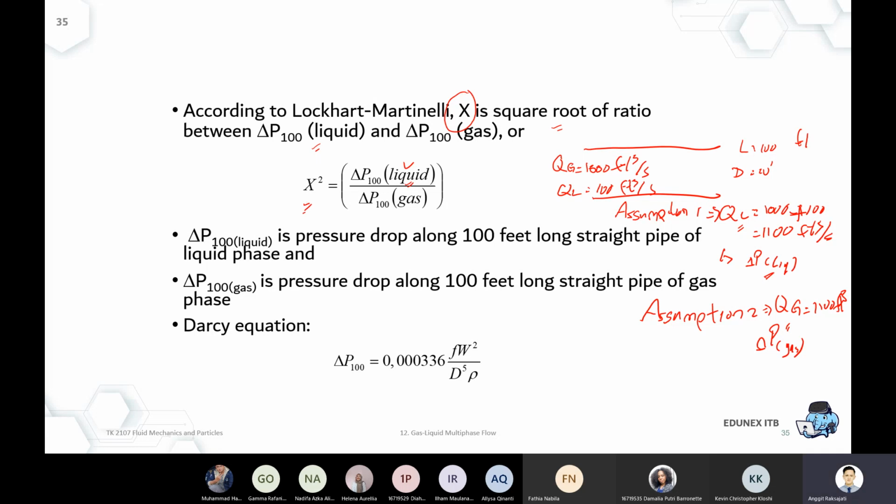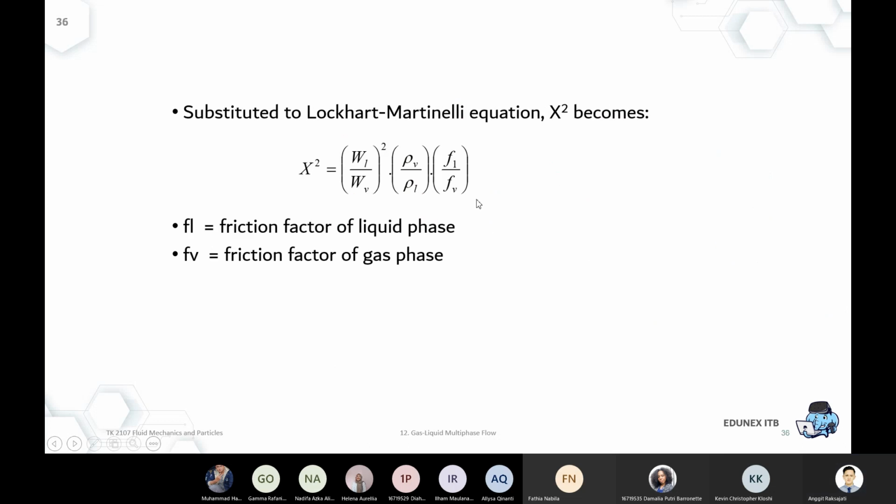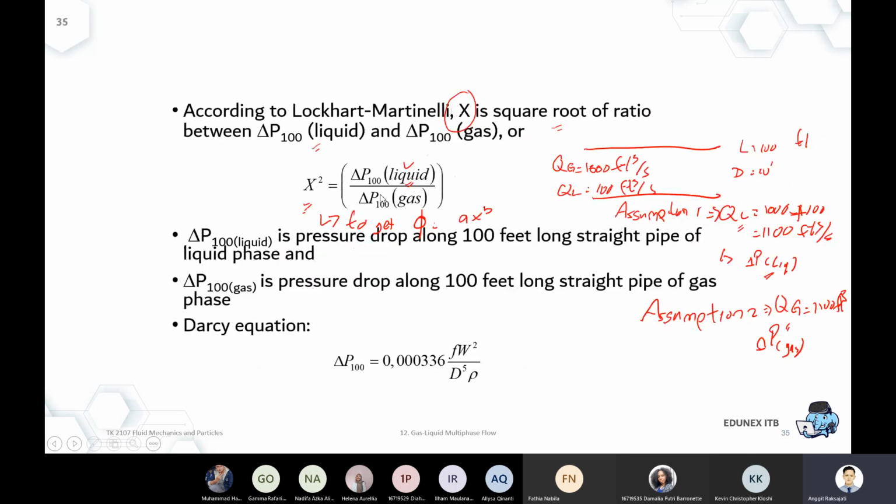And once we know the X squared, it will help us get the modulus of two-phase flow using those previous correlations. So let me put it this way.